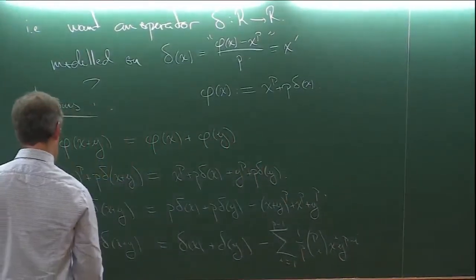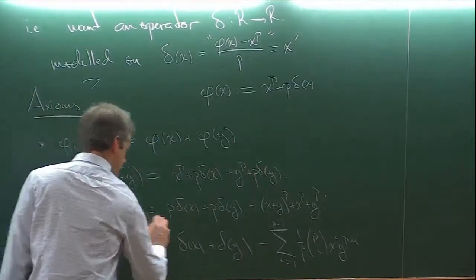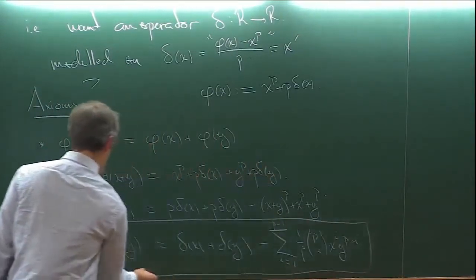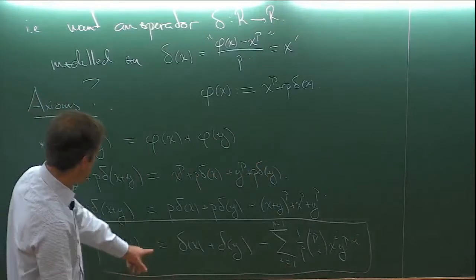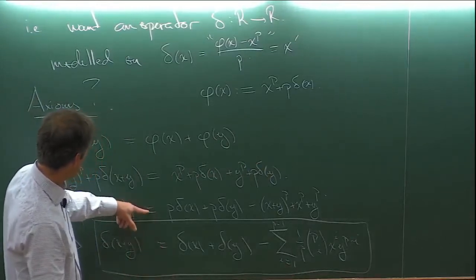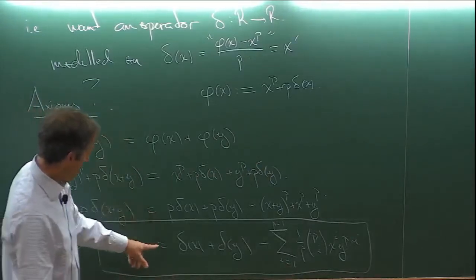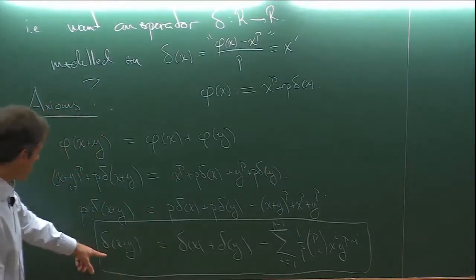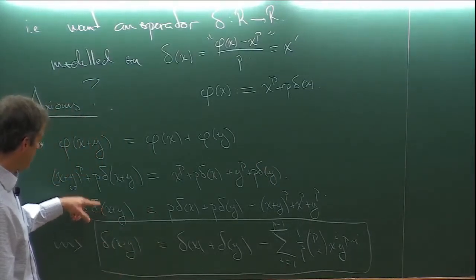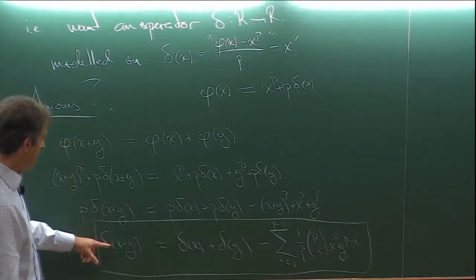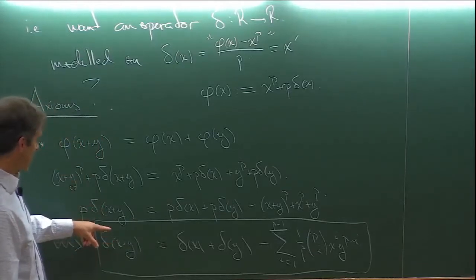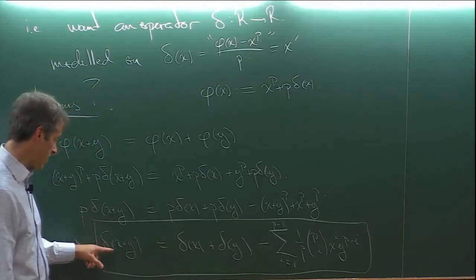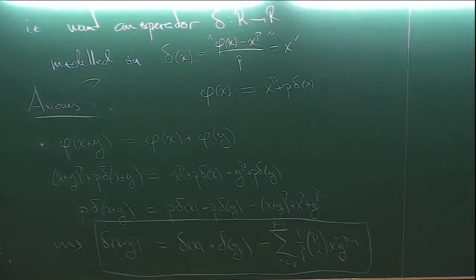So this axiom here, if we interpret it as being true only modulo p torsion, then it's equivalent to the previous one and hence equivalent to this. But we want to take it as being exact on the nose, in which case it's stronger, it implies this axiom here, and hence the additivity of phi. It is equivalent to it in the case where the ring is p torsion free, but in general, it's a stronger axiom.